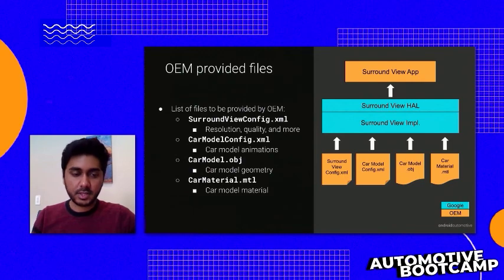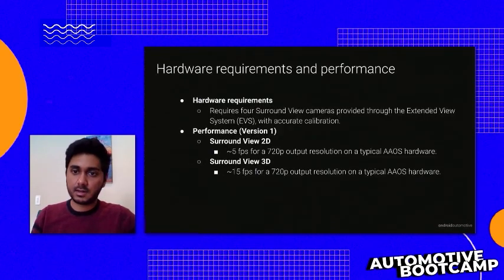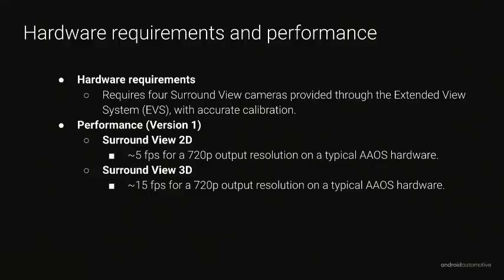With that, on the next slide I'll go over what the hardware specifications are to use surround view. This is particular to the implementation that Google has, and I'll also put some performance numbers.